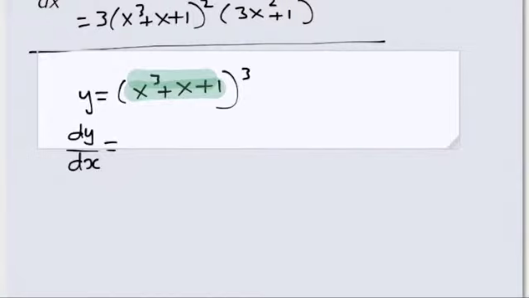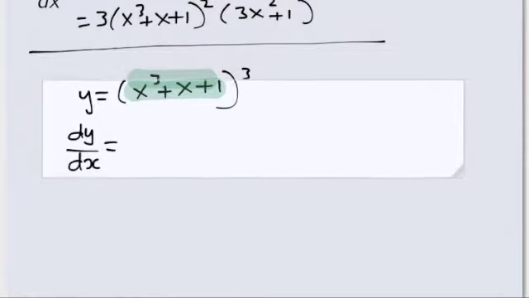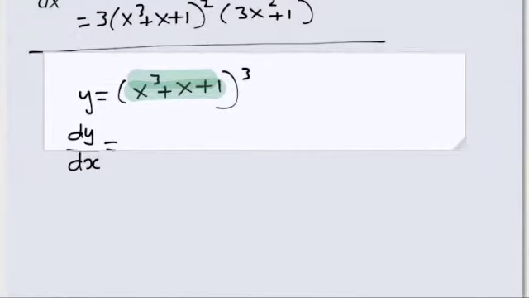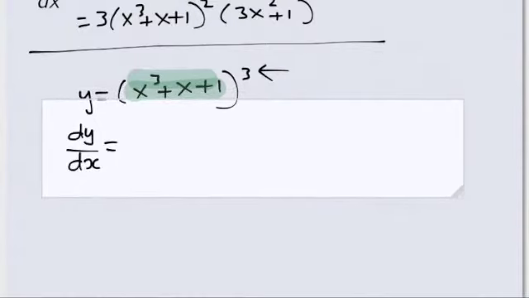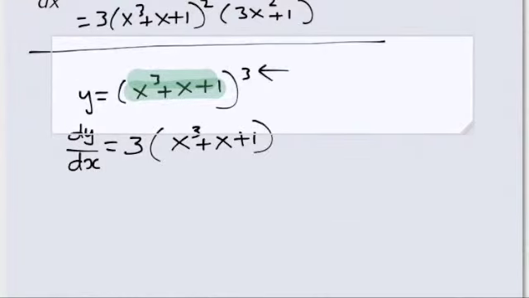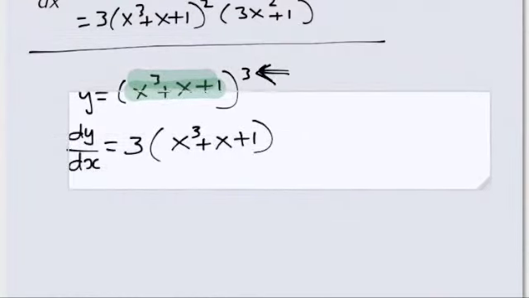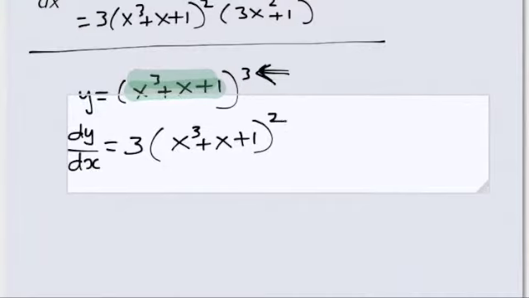So if you could imagine the term marked green with the letter u, then we could write dy du as, we will drop the index of u, which is 3, to the front, so it will be 3, and u is the term that's marked in green, and we would need to subtract 1 from the index, so 3 minus 1 is 2.